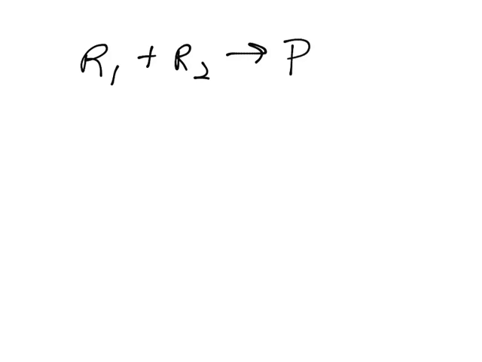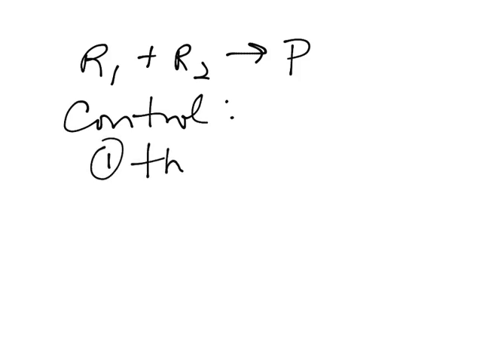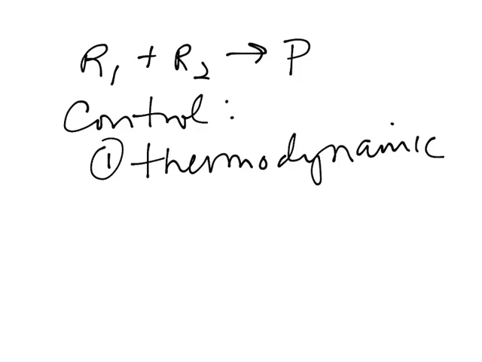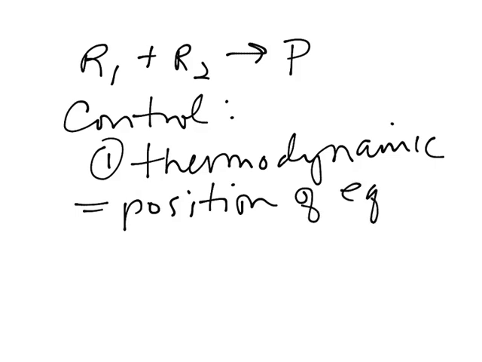And when we're talking about this reaction, there are two things that we have to consider in terms of its control. So one aspect is thermodynamic control. So thermodynamic control tells us the position of equilibrium.